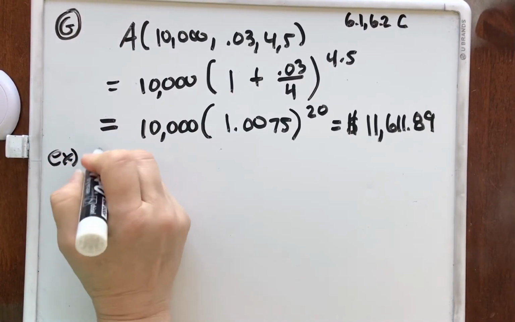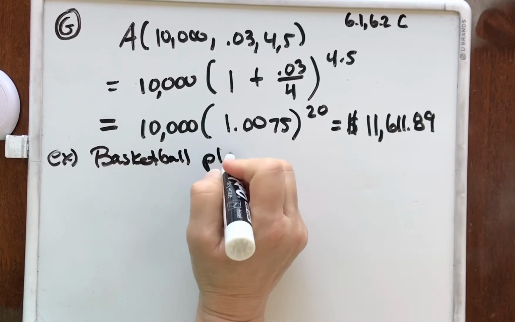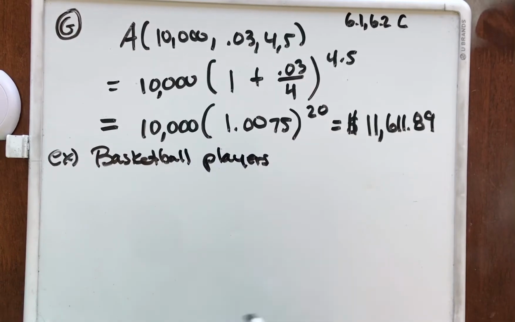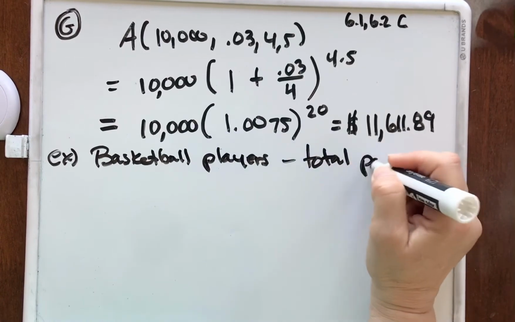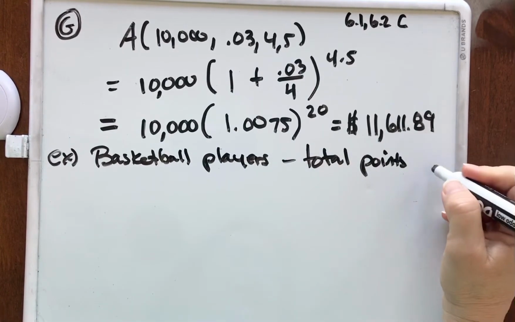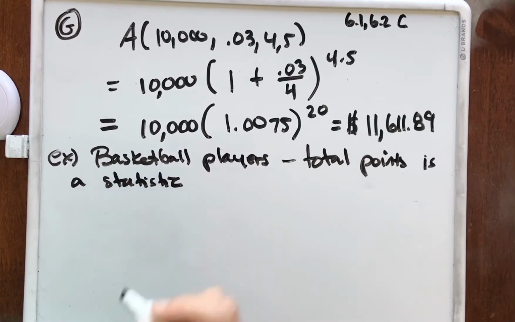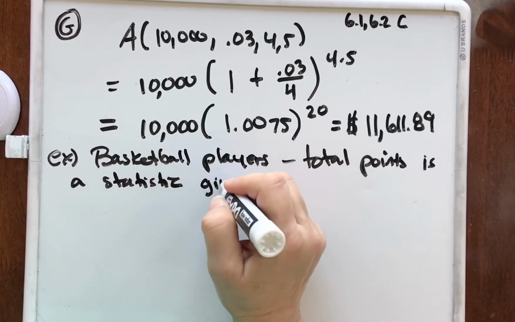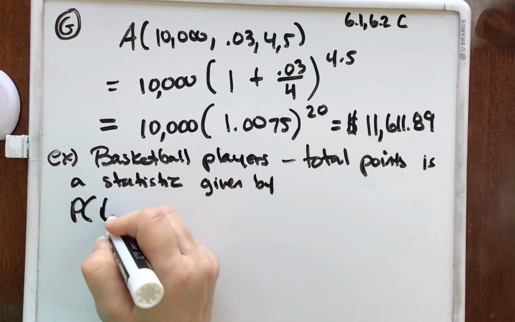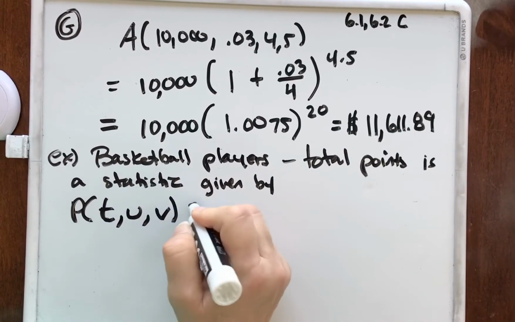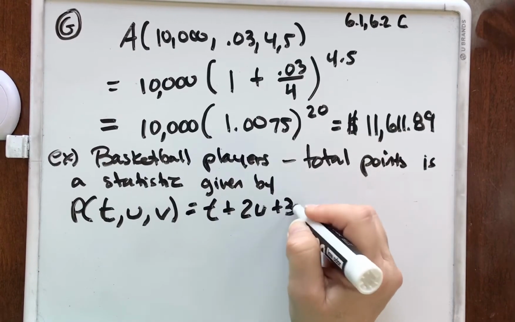We're going to look at an example of basketball players. Basketball players have a statistic, and they say total points. Basically, total points is a statistic given by P of T, U, V, and that happens to equal T plus 2U plus 3V.